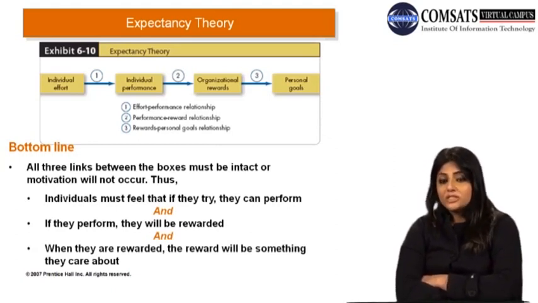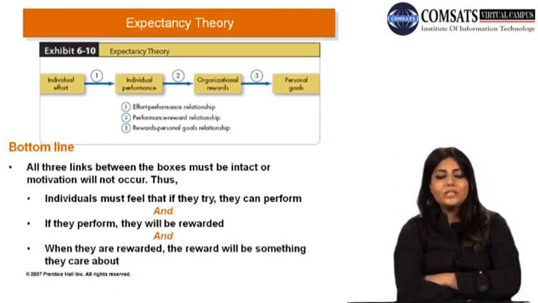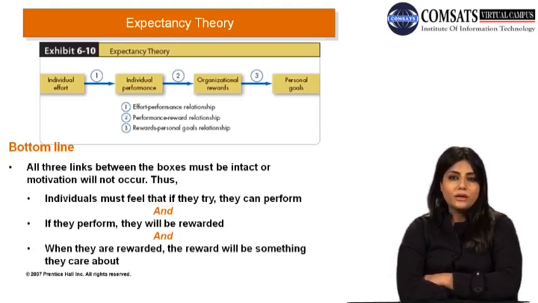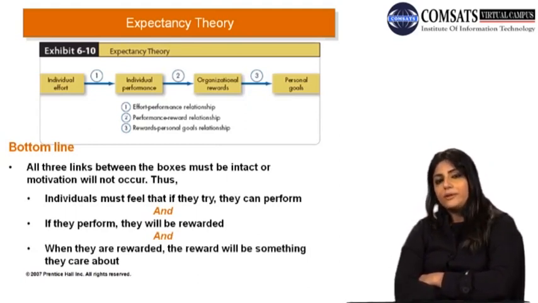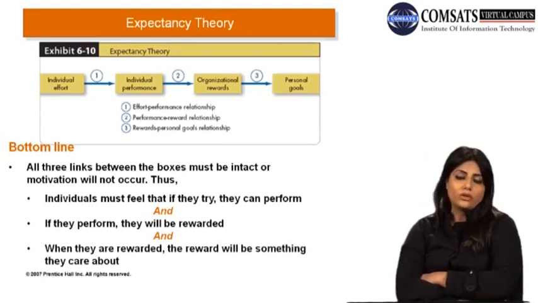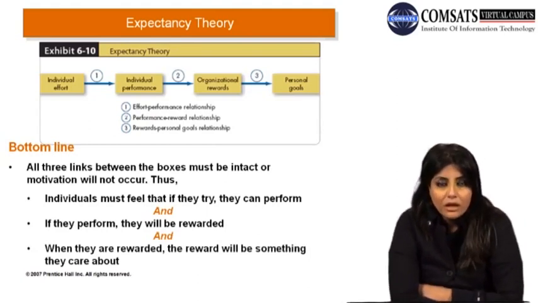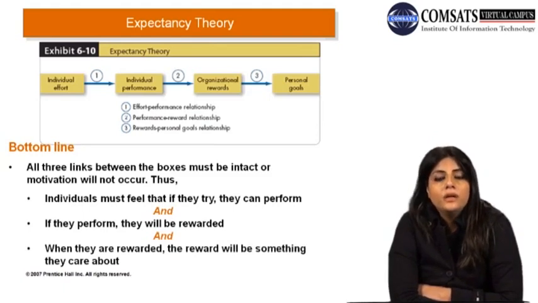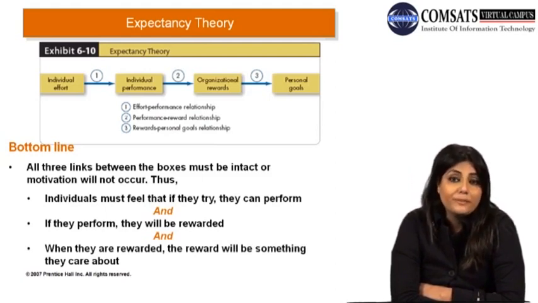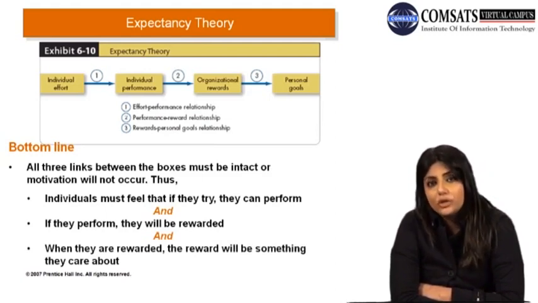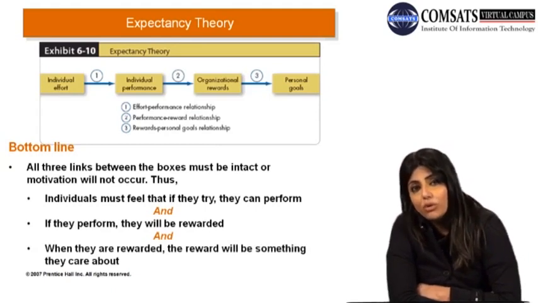So your personal needs should be aligned with the incentive that you are getting. Only then will you be motivated to put in extra effort and achieve the goals that are being set. If, on the other hand, some other individual is given the same offer, it might be a very good motivator for that individual to put in some effort and achieve that goal.